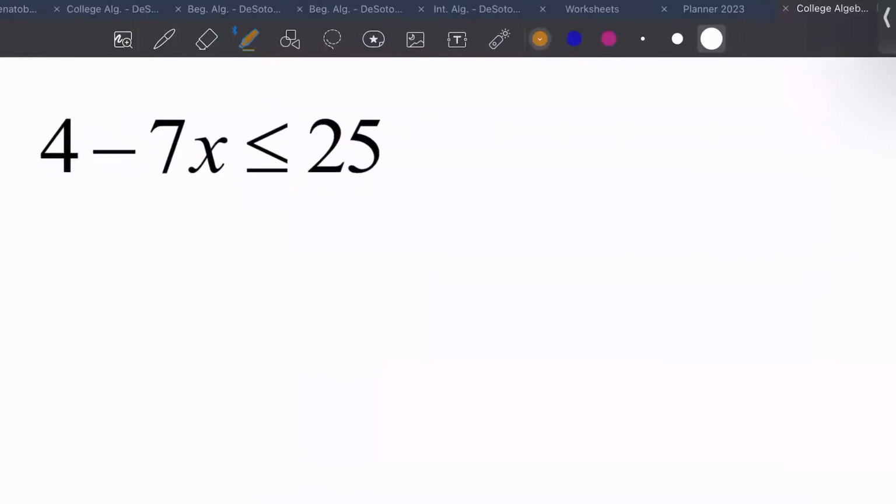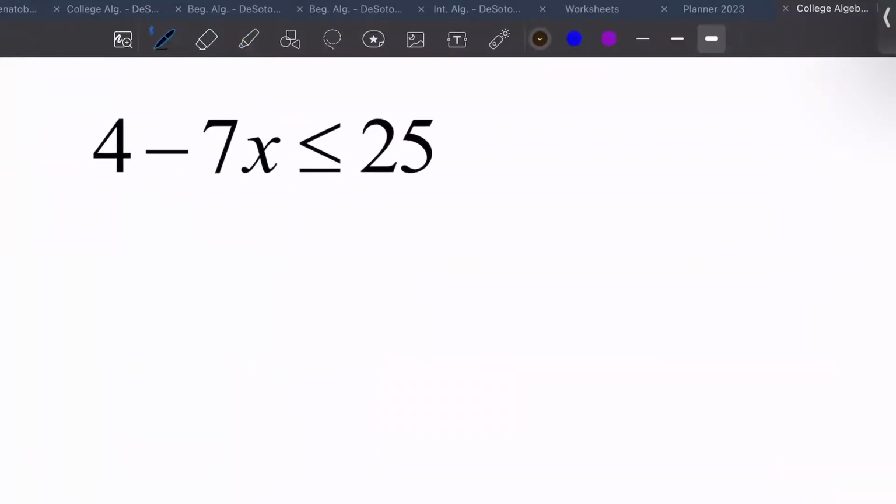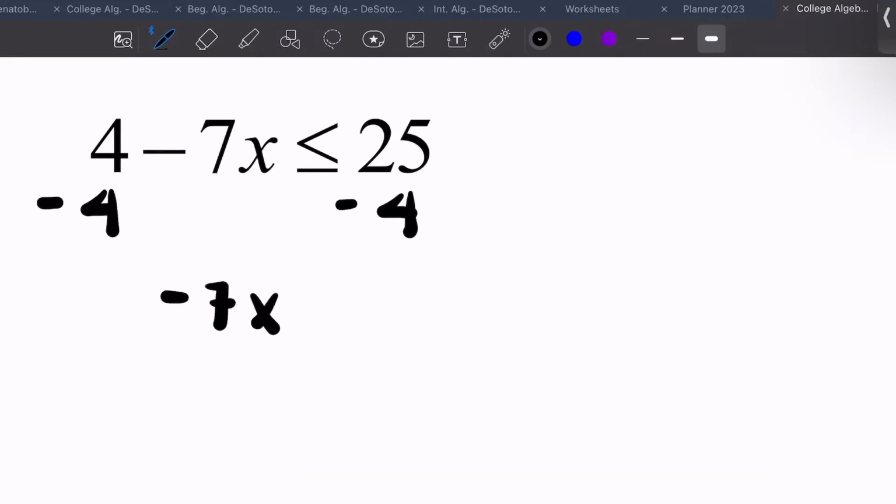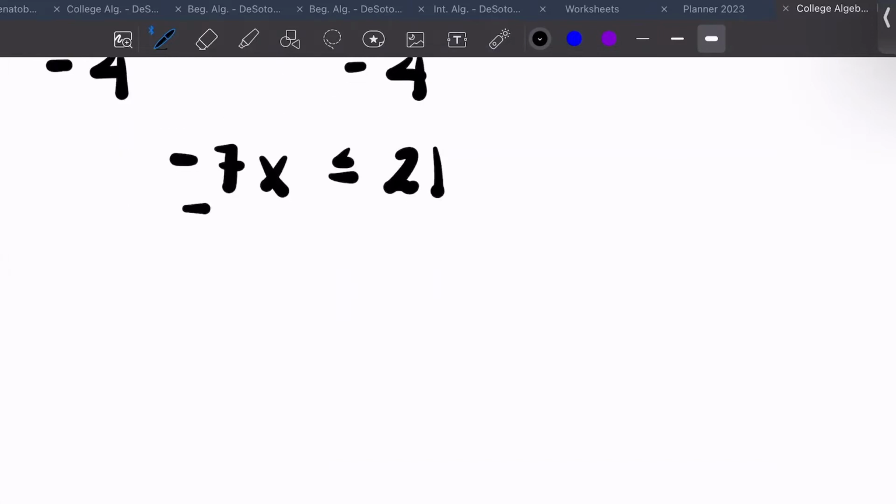What about this one? All right, same deal. We are going to isolate x. We're going to subtract 4 first and get negative 7x is less than or equal to 21. Then we're going to divide by negative 7.